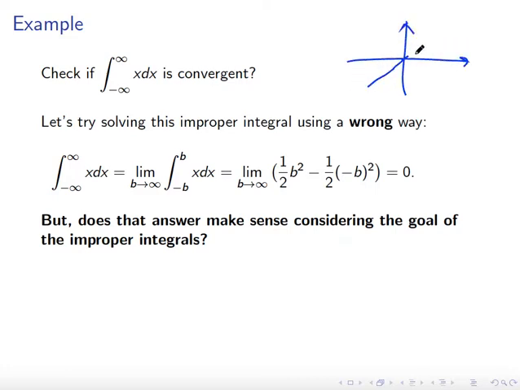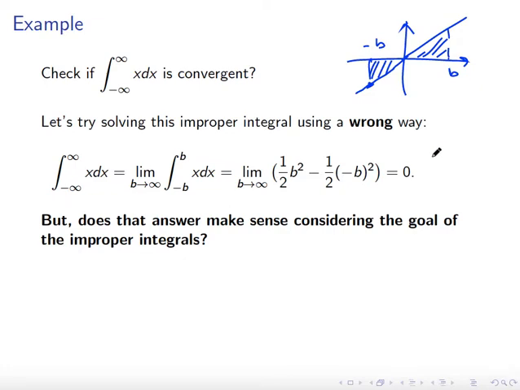So when you find the integral from negative b to b, one area is positive and the other is negative, they are the same size, one above the x-axis and the other below, and they cancel each other, so the answer is 0. And if you calculate this, you see that the answer is 0.